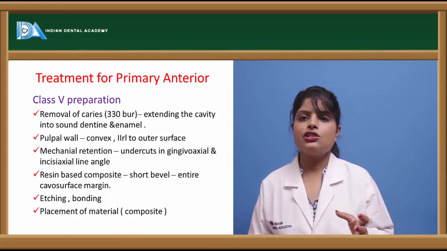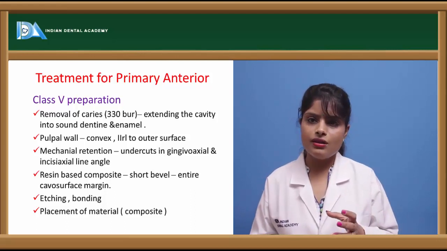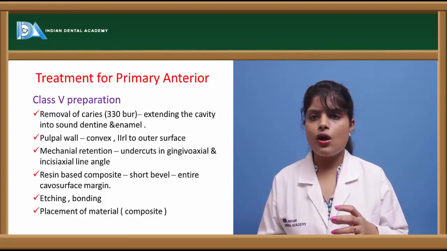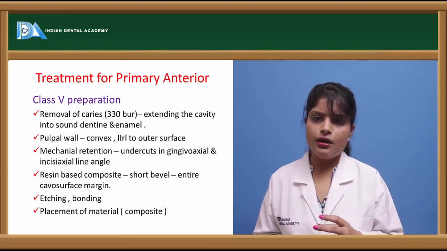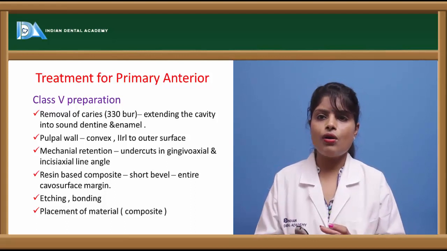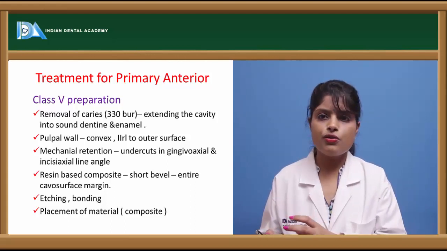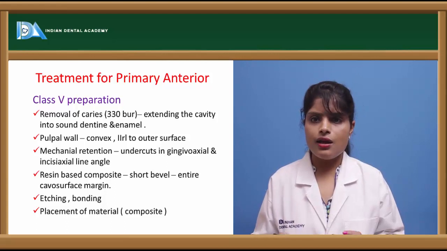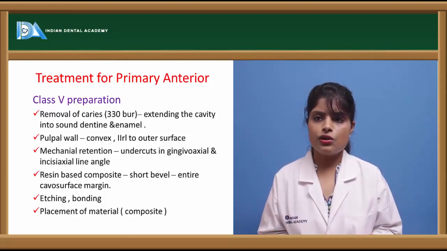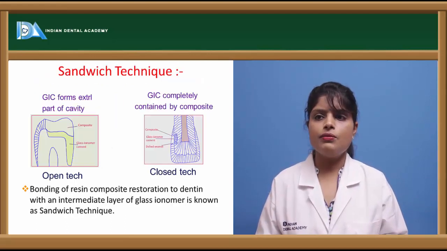Then mechanical retention grooves and undercuts are given at the gingival level and the inciso-axial line angle. Then the resin-based composites are cured in the cavity. Etching, bonding and placement of the composite resin restoration is done, and final finishing and polishing of the restoration is done by means of finishing burrs.